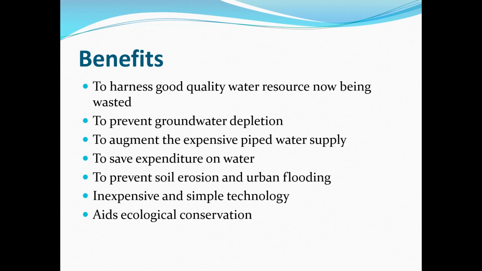Then second is to prevent groundwater depletion. We have discussed so many things about groundwater depletion. Because of the scarcity of water, people are extracting more and more water from bore wells or wells. So obviously we have to go deeper to extract that water, and it consumes more energy, and it is quite expensive.